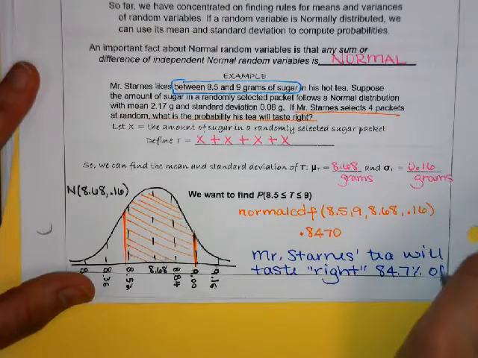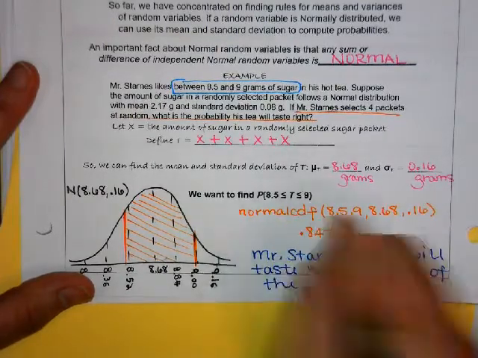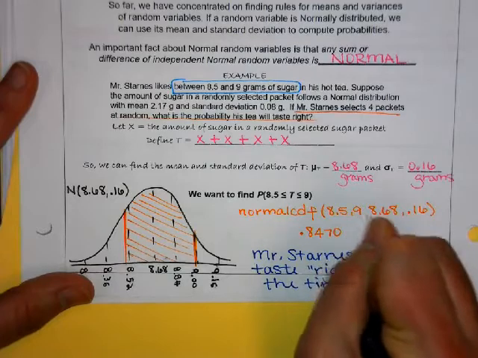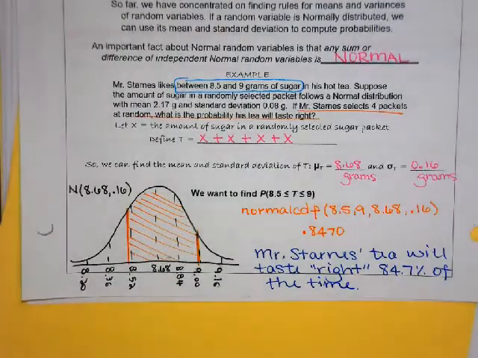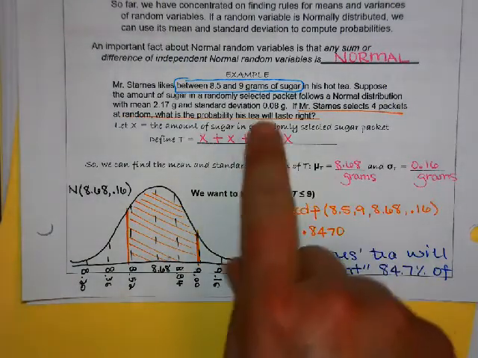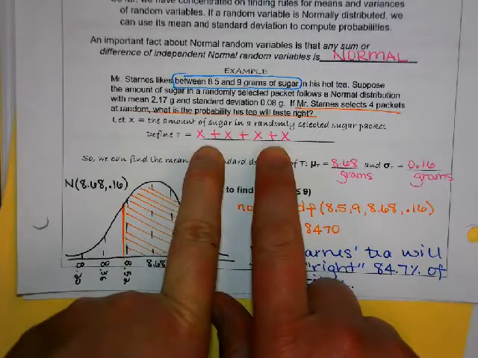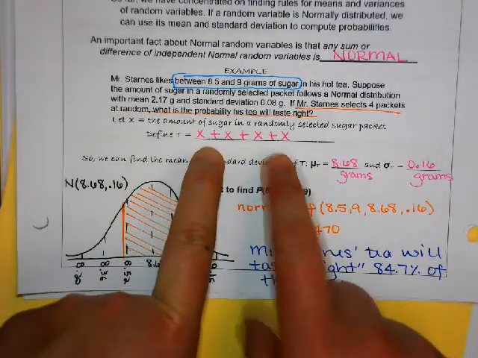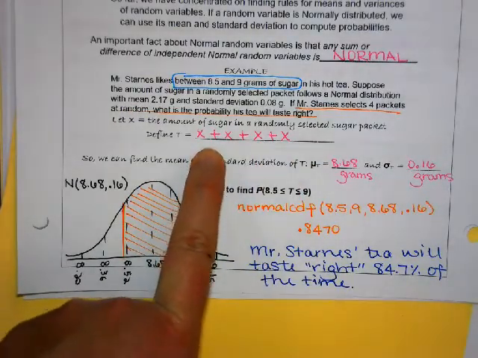Yes? Could you go over how you found the standard deviation again? Yeah. So we're adding 4 sugar packets together. We can't add standard deviations, so we have to add their variances. So we're going to take the 0.08 squared and add it together 4 times.